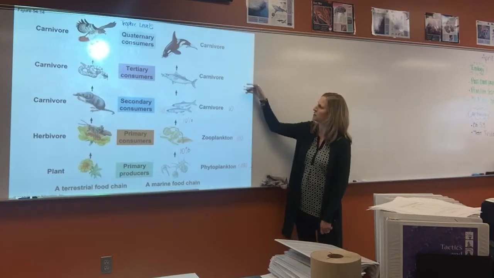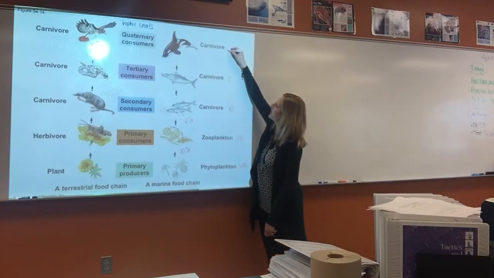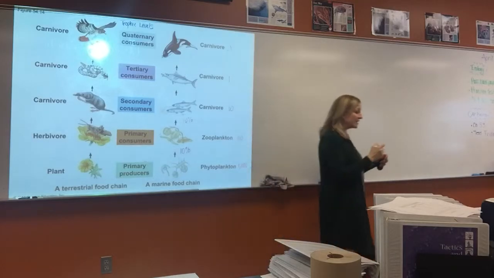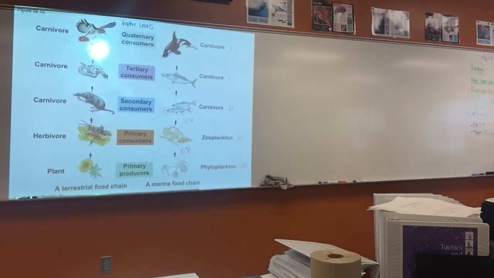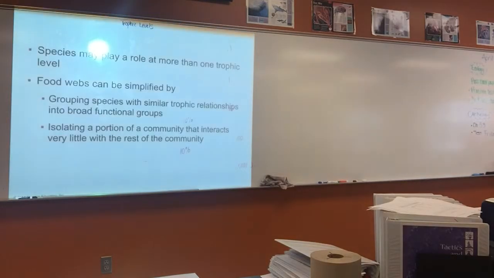All right, and so on and so forth. So then 1, and then we get 0.1. And that's why there's very few top carnivores. You don't have an overabundance of top carnivores in the ecosystem, because in order to get enough energy to stay alive, they're eating up farther up the food chain. And there's way more producers.